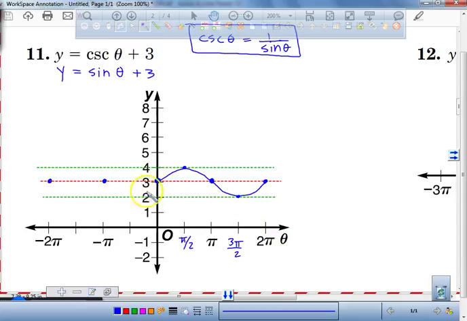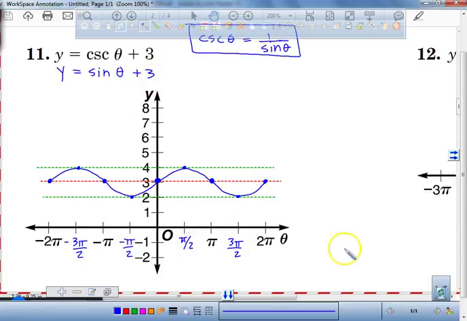Then I'm going to continue the pattern at negative pi over 2, and it's going to get up to its highest point at negative 3 pi over 2. So this graph between negative 2 pi and 2 pi is the sine of theta plus 3.